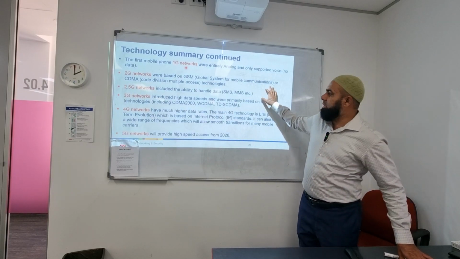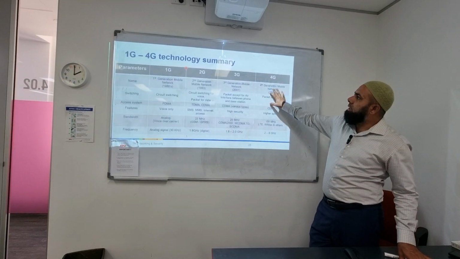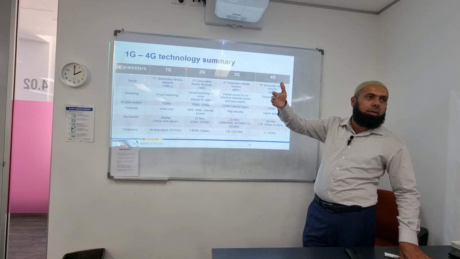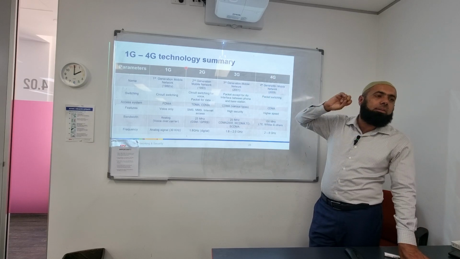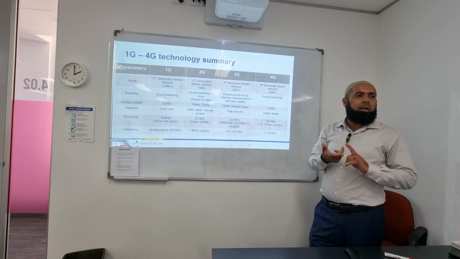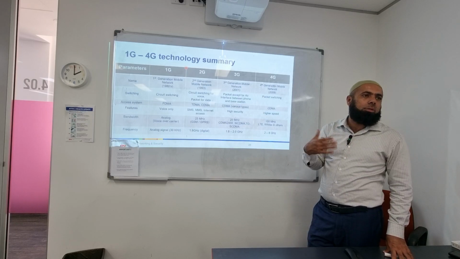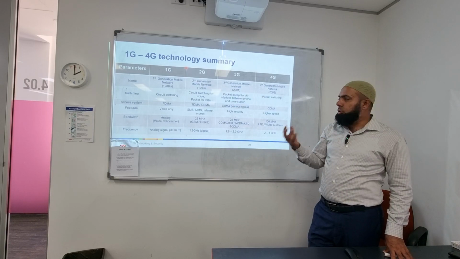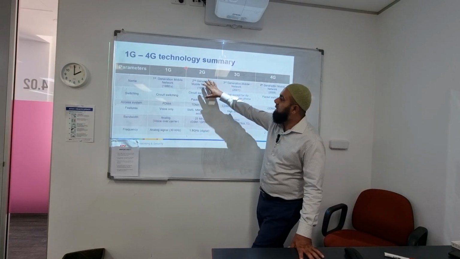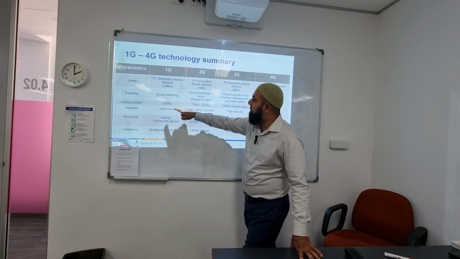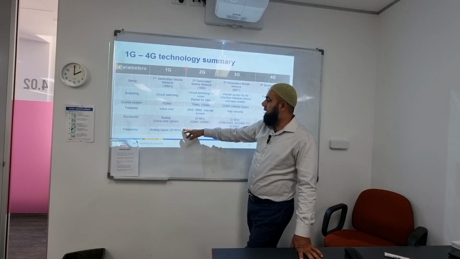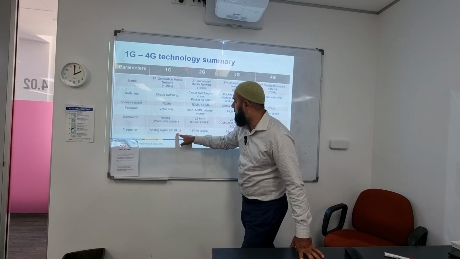And the other important thing, looking at the progression of generations, is the data rate. With every generation the data rate keeps increasing, and there are also different features. For example, 1G uses circuit switching, FDMA, voice only, analog communication, and the signal is only 30 kilohertz.